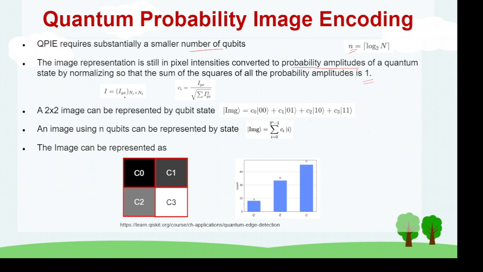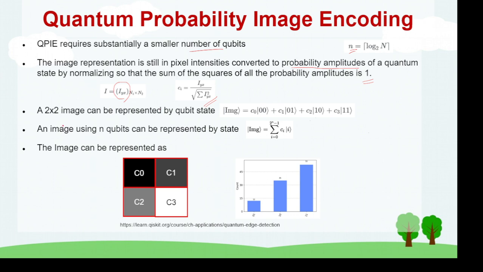Assuming this represents the intensity, for each pixel intensity you have to divide by the square root of the sum of intensity squares. That is what we call normalization, correct? Why should we do normalization? Because the squares of all probability amplitudes should sum to 1, and that's what will happen.